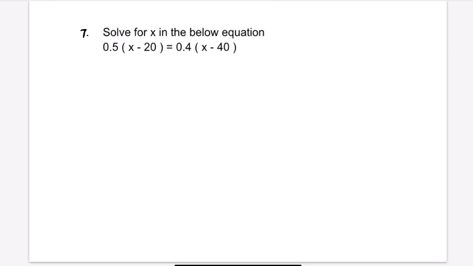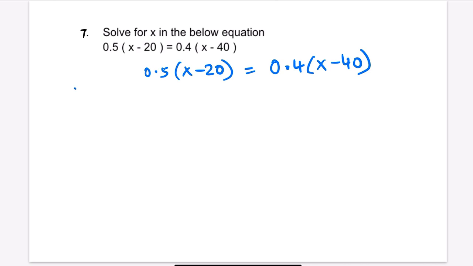So I'm going to take 0.5 times x minus 20 is 0.4 times x minus 40. To get rid of the decimals, I'm going to multiply both sides with 10. Alright, so it becomes 10 times 0.5 times x minus 20 is equal to 10 times 0.4 times x minus 40.